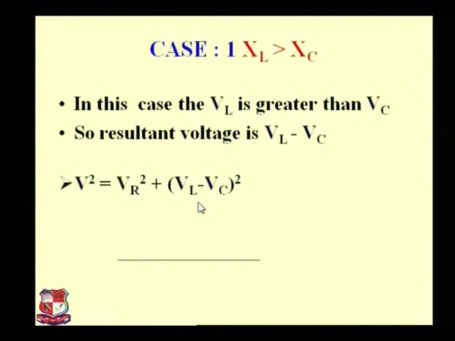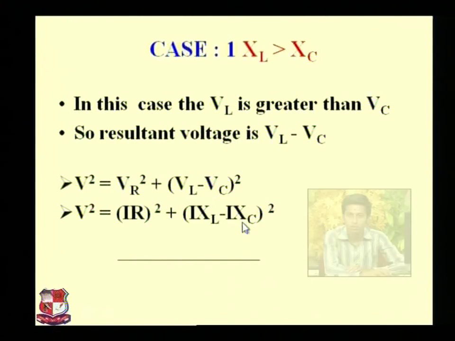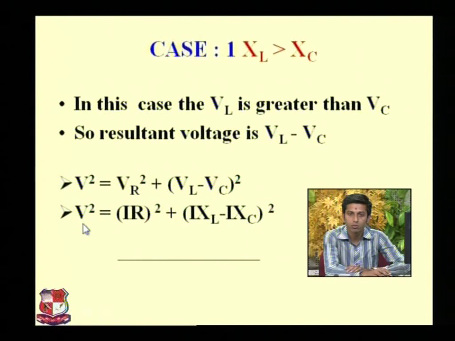As per Ohm's law, in place of V we put IZ, in place of VR we put IR, in place of VL we put IXL, and in place of VC we put IXC. So V square equals (IR) square plus (IXL minus IXC) square.